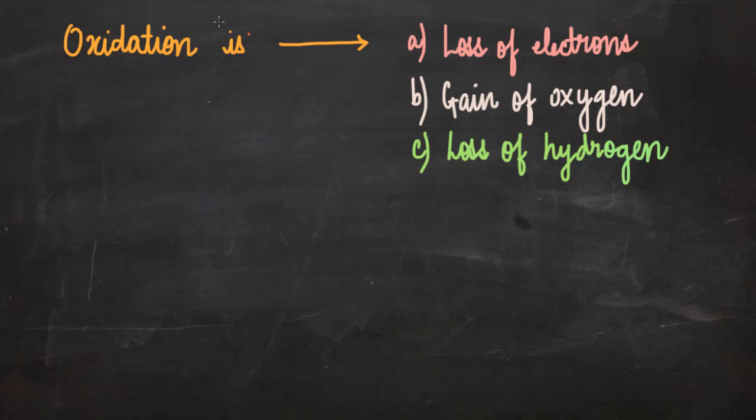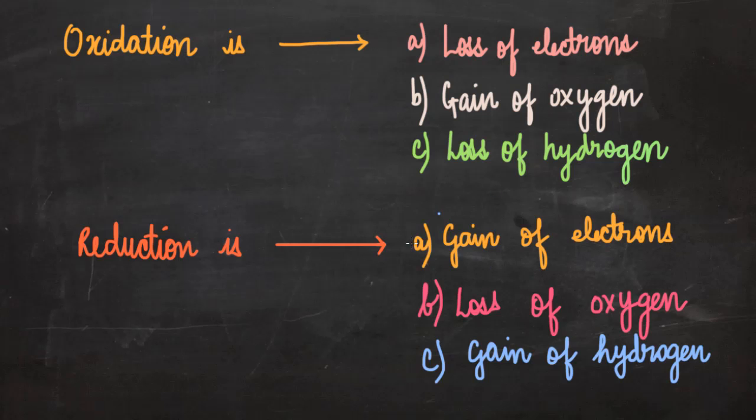And we also know that oxidation and reduction always take place in pairs. So conversely, what we can say about reduction is gain of electrons, loss of oxygen, and gain of hydrogen. So let's see more examples on redox reactions in the coming videos.